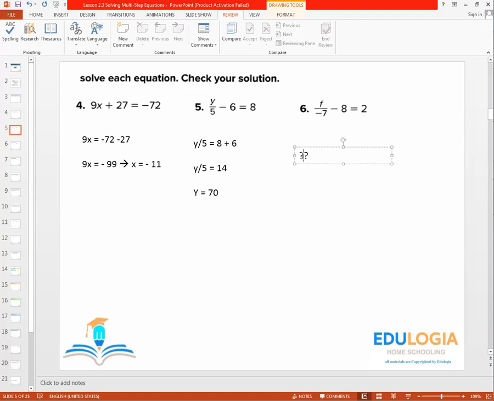Once more, number 6: f over negative 7 minus 8 equals 2.